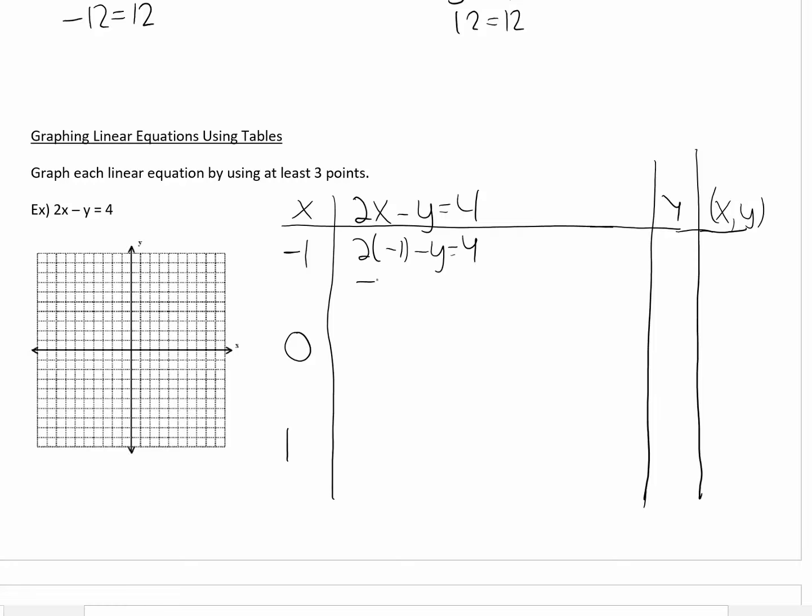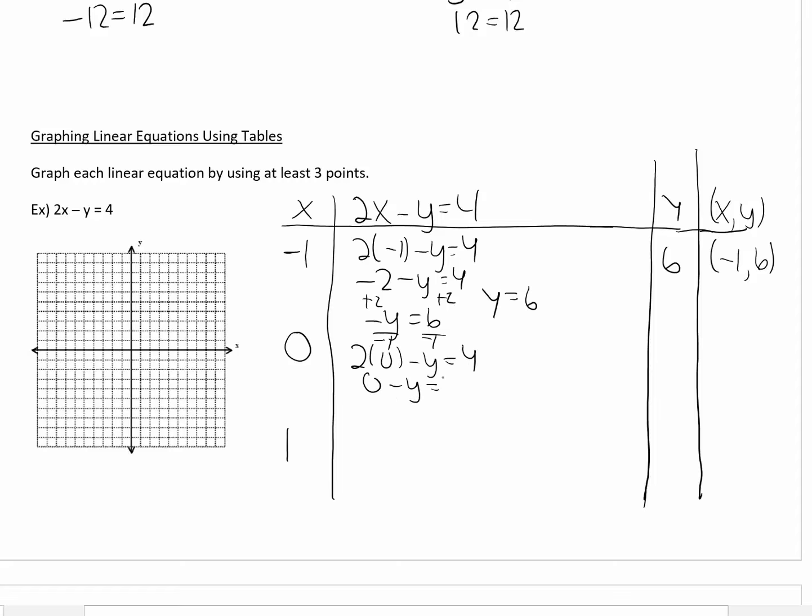2 times negative 1 is negative 2. Add the 2. That's negative y is equal to 6. Divide by negative 1. And y is equal to 6. So my ordered pair here is negative 1, 6. Okay, put in 0. 2 times 0 is 0.